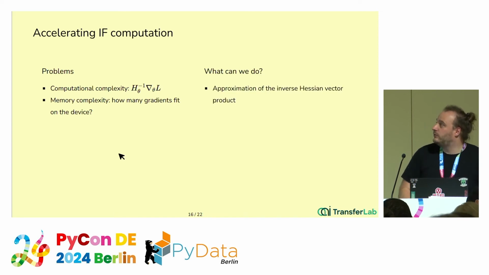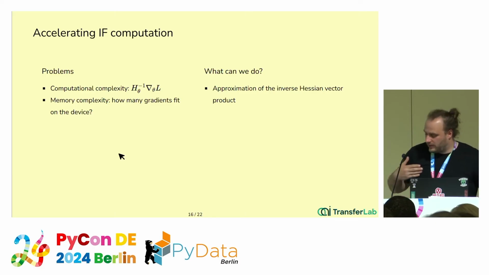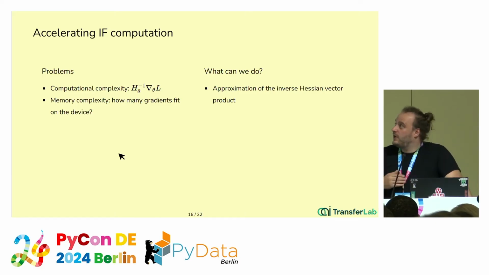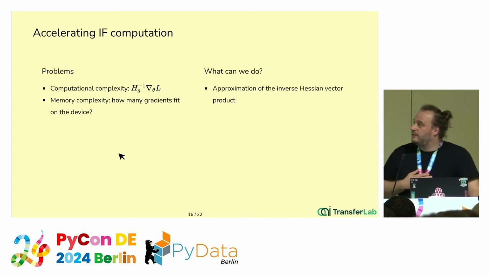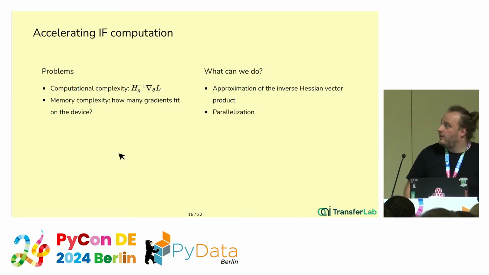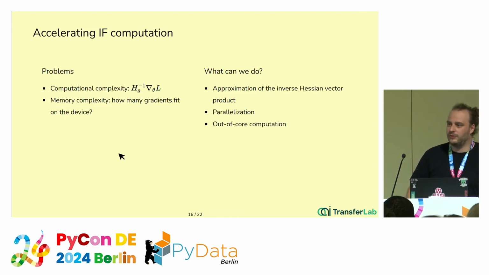What can you do? Well, the first thing you should think of is, from the algorithmic side, to approximate this product, and for the memory complexity, parallelization plus out-of-core computation, because it's completely parallelizable.